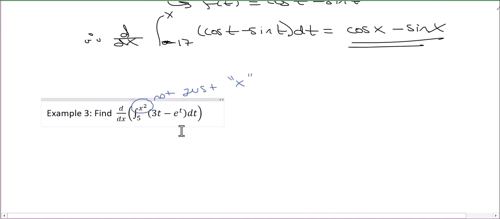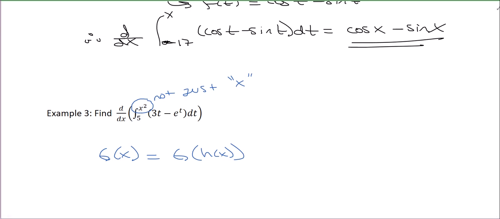But here, it's not really g of x, you have g of some other function, g of h of x, when you have your x squared there. So how do you find the derivative of that?